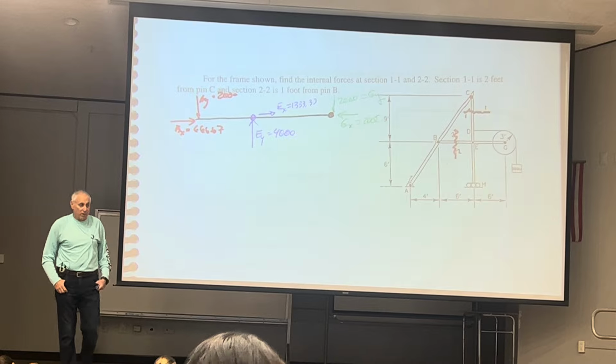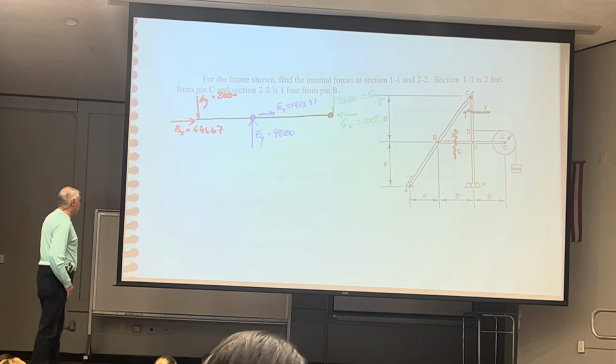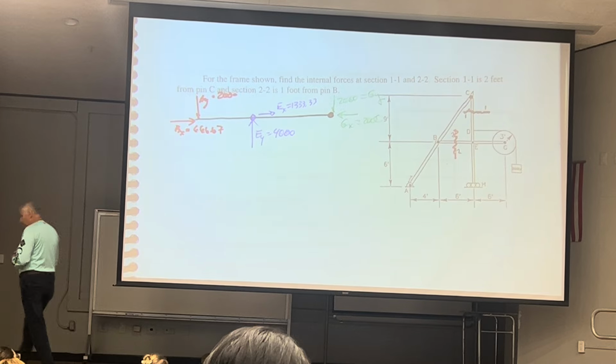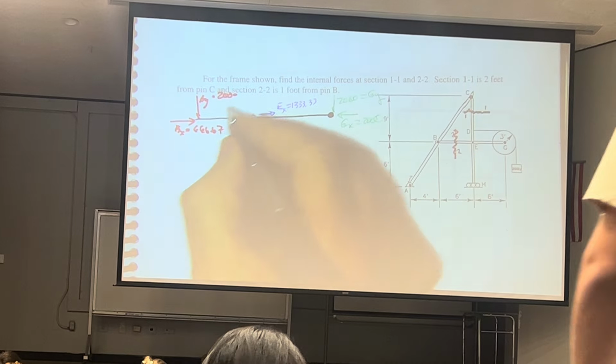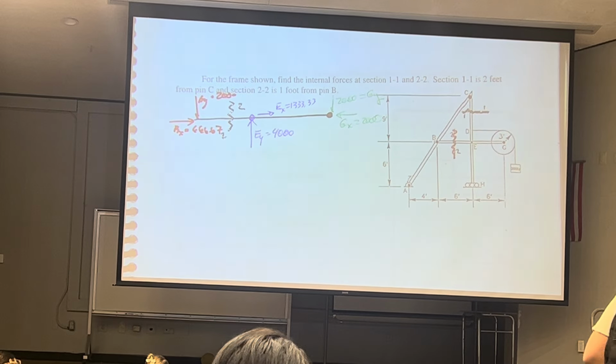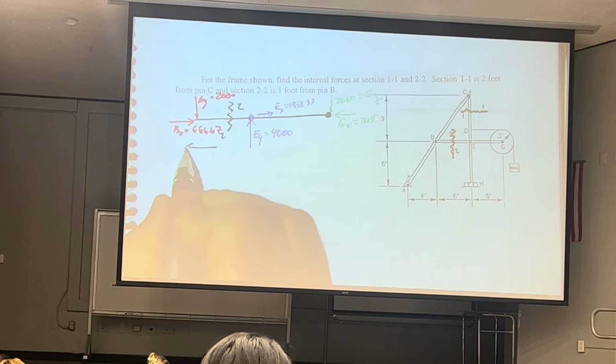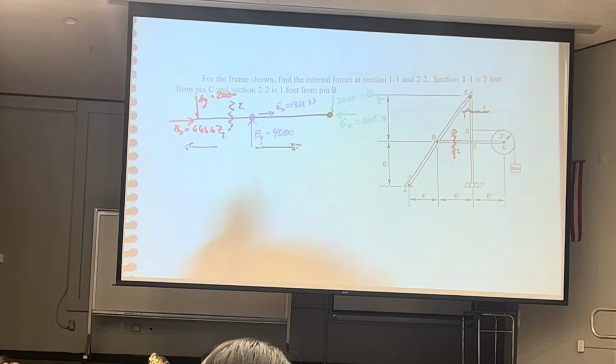So if you were doing a frame problem and you wanted the internal forces, then you would have to do a frame analysis in order to find these values. Now this section 2-2 sits right here. And like I said, you could look at either the left half or the right half.